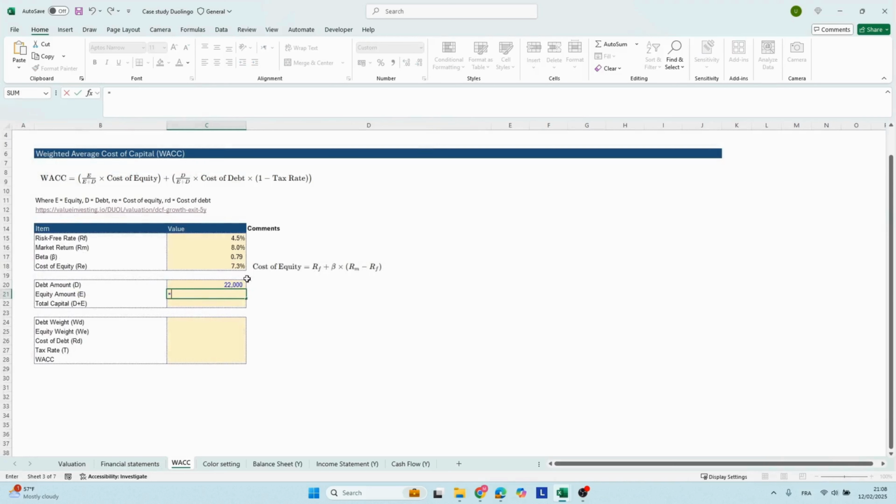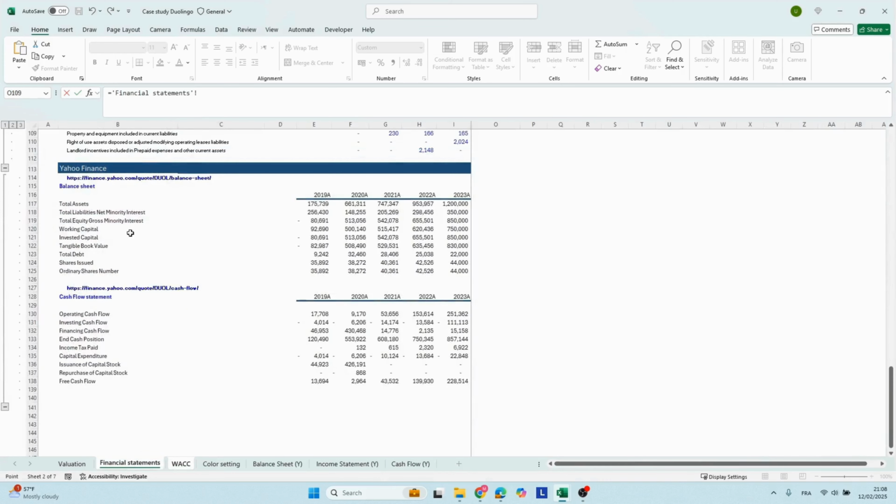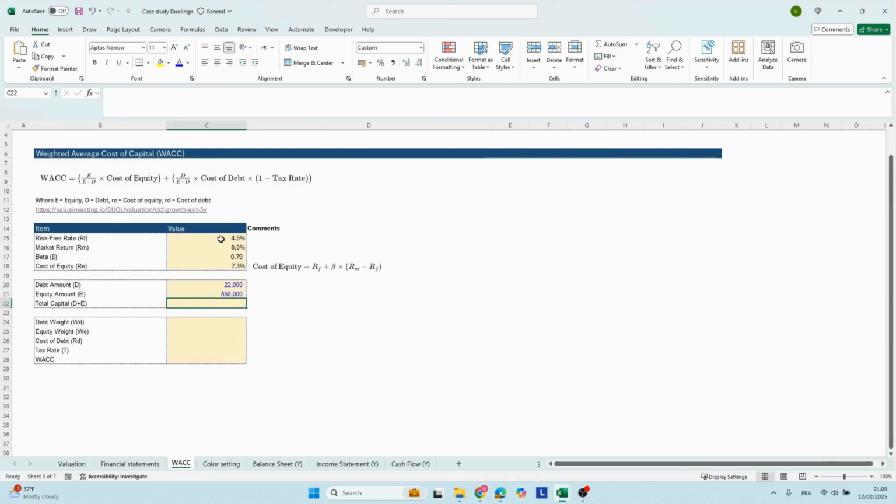Then we need the total equity for the company. We go to our statement, search for the equity, and we get the value of 850. Then we have the total debt plus total equity of 872.